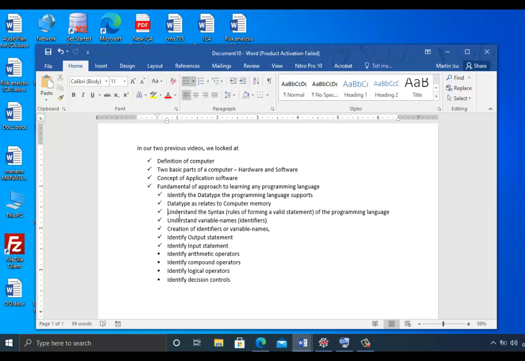And we said Python is more flexible because it gives the programmer the leverage to declare a variable or an identifier without prefacing it with the usual or conventional int word, string word, or str, character, or float, or double, as the case may be. Okay, so Python has that flexibility.